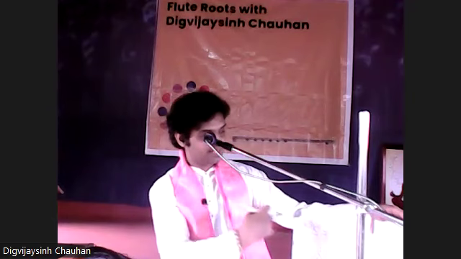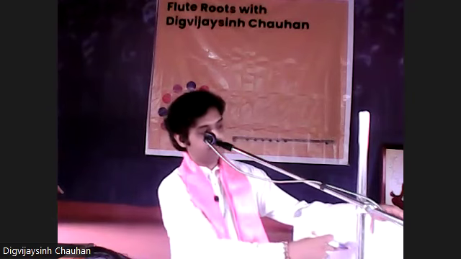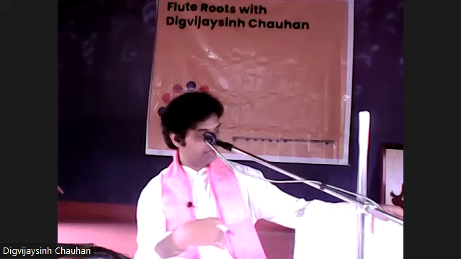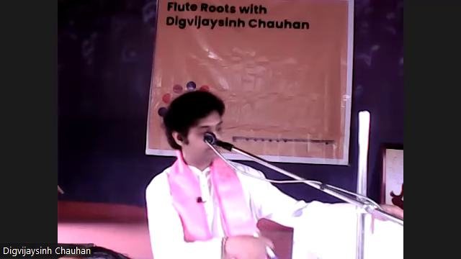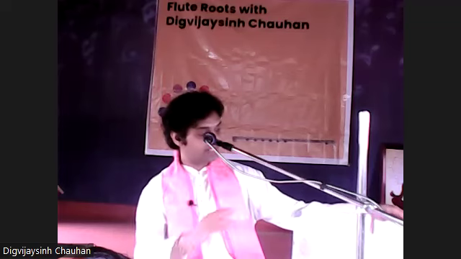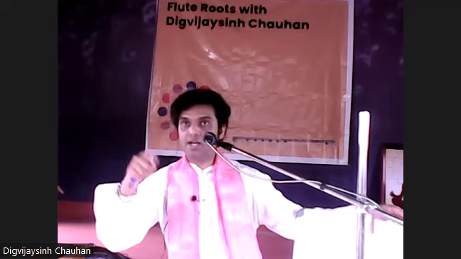If you are going up in ascending, there you can use Shuddha Ni. When you are coming down, there you can use Komal Ni. That is possible. That's what we have written: you have two separate forms, one in ascending, one in descending. But I cannot play Sa, Re, Ma, Pa, Komal Ni, Shuddha Ni, Sa. That is not possible. I can play Sa, Re, Ma, Pa, Shuddha Ni, Sa, Sa, Komal Ni, Pa, Ma, Re, Sa.